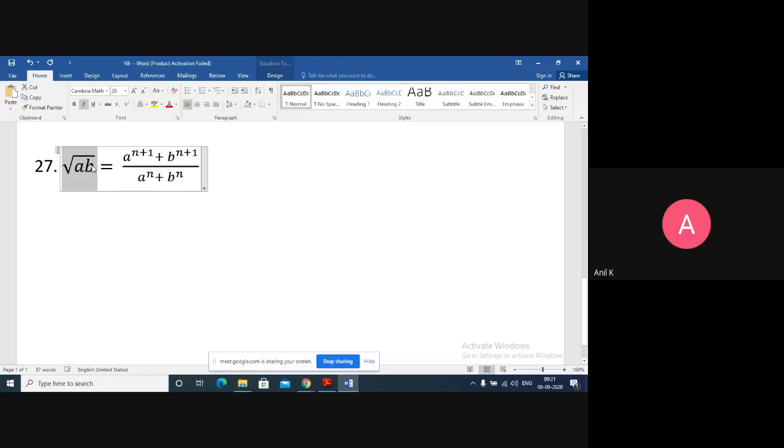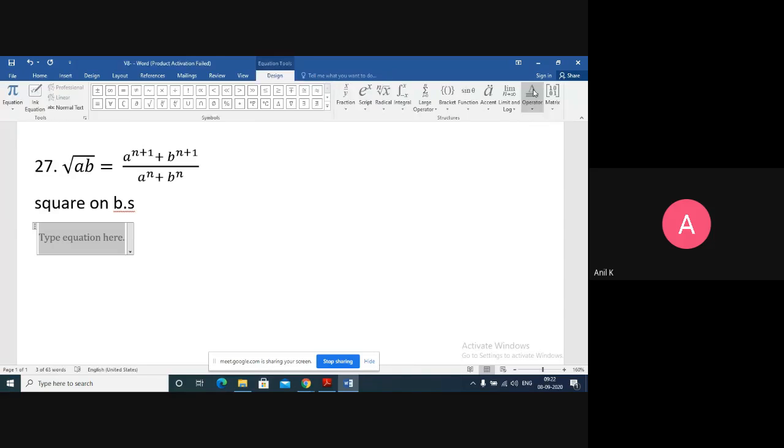This is the geometric mean as per the formula if I have a and b, and this is the geometric mean which they are given. So both the geometric means must be the same because a and b are the same. Now what I do is square on both sides. If I square both sides, can anyone tell me what I am going to get?